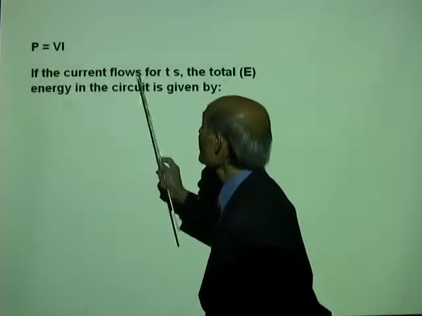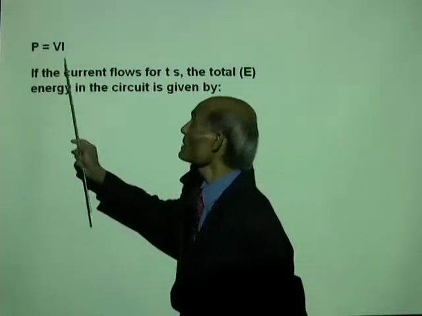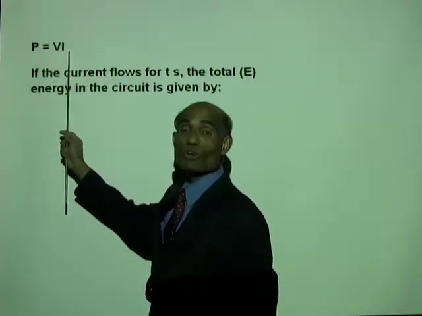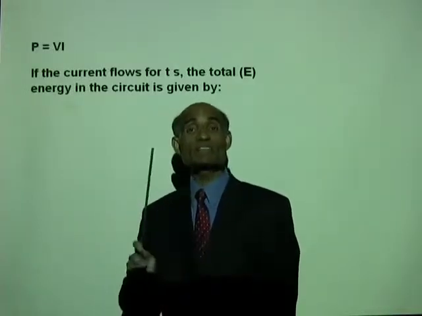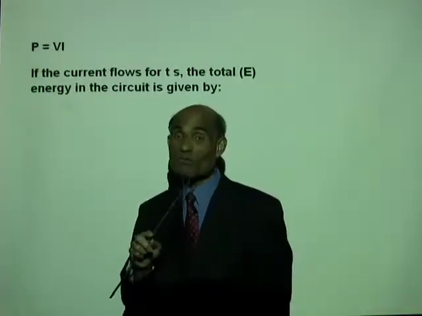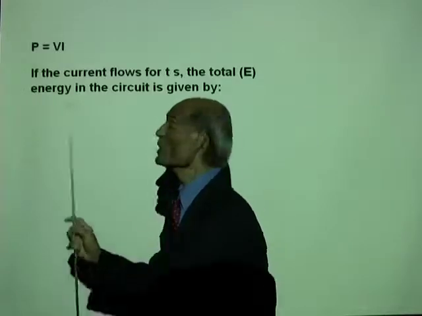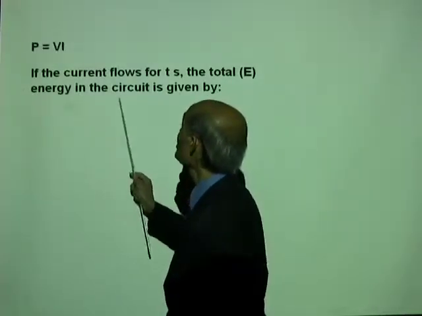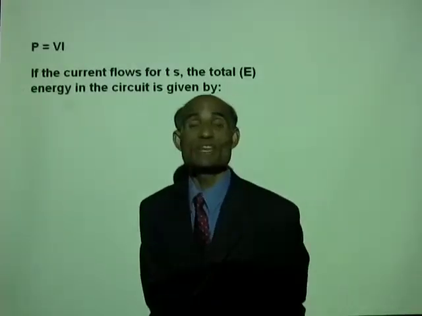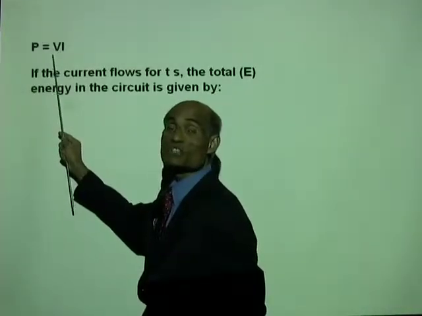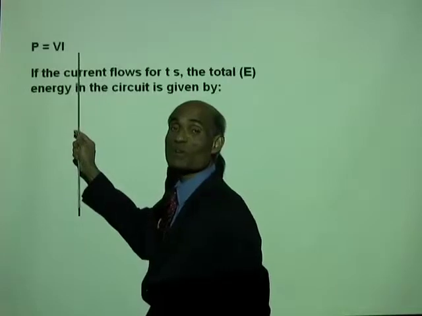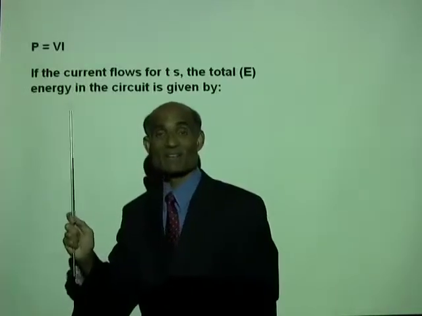If the current flows for T seconds, look at this. This is the amount of work done in an electrical circuit in 1 second, V times I. If the current flows for T seconds, what is the total energy in the electrical circuit? This is the energy that is converted from electrical to other forms in 1 second.